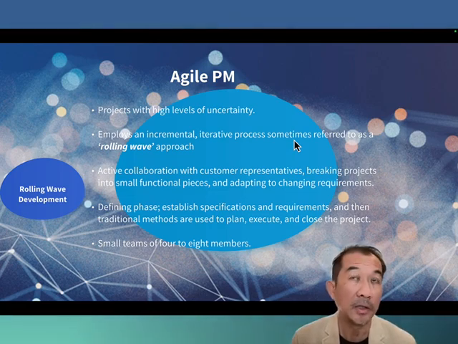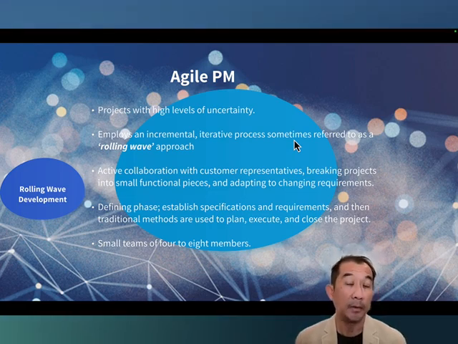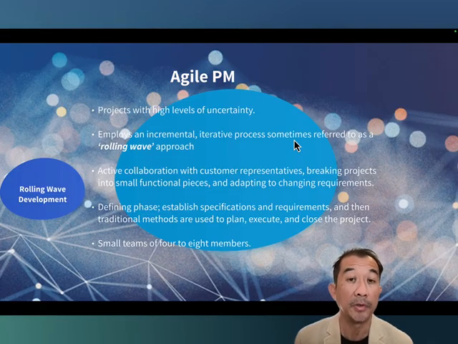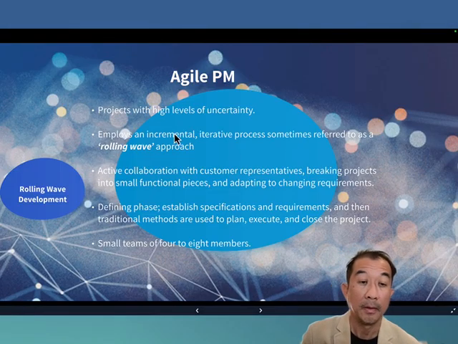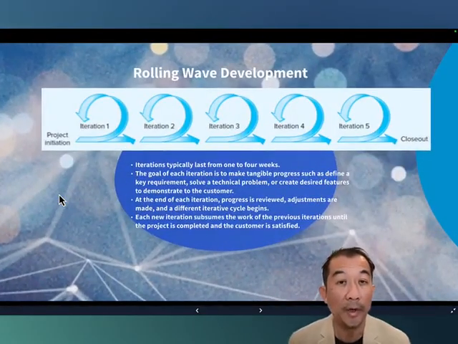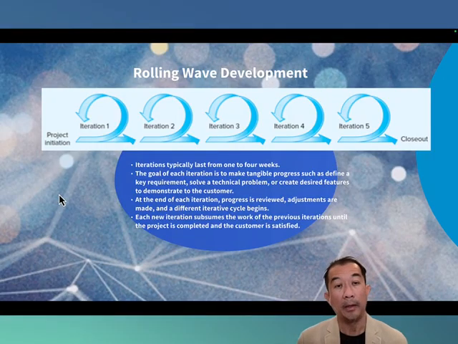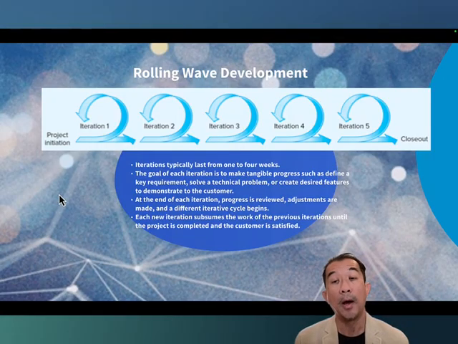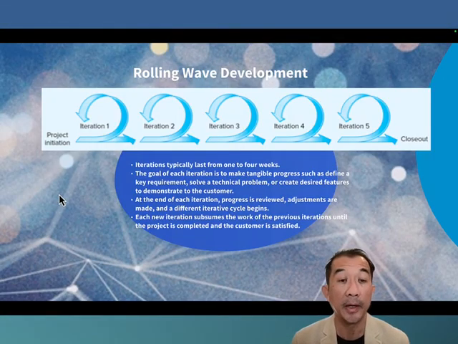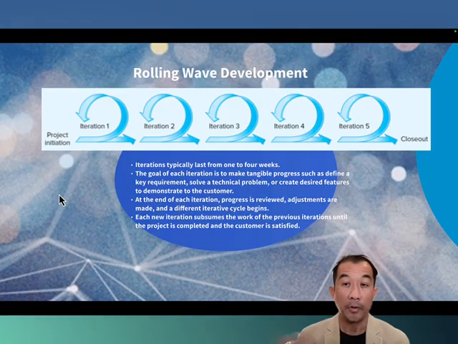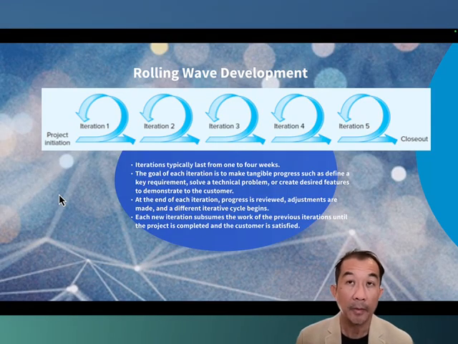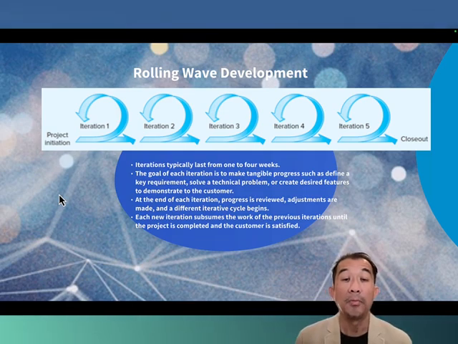Usually it is a small team of 4 to 8 project team members that takes on an agile project. An example of that is a rolling wave, which we talked about just a while ago.